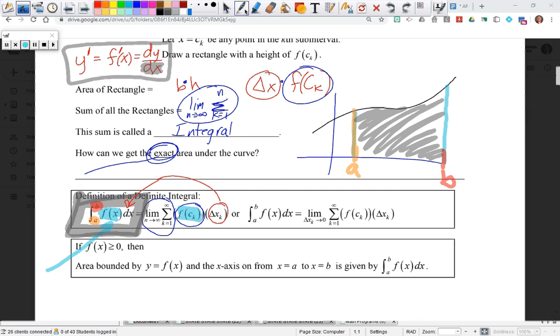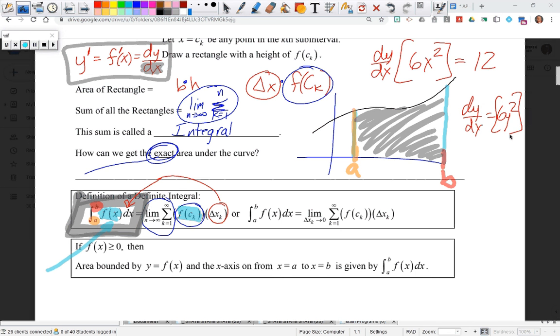So if I said find the derivative in respect to x of 6x squared, you would say what? 12x. But if I said find the derivative in respect to x of 6y squared, you have to do implicit differentiation. You can't just say 12y. You with me?